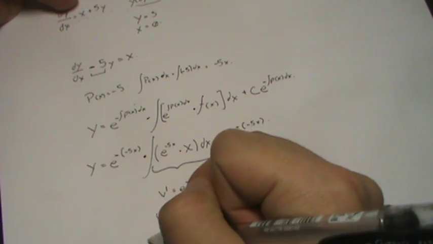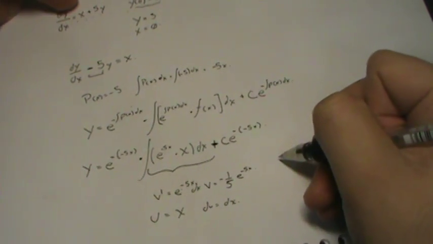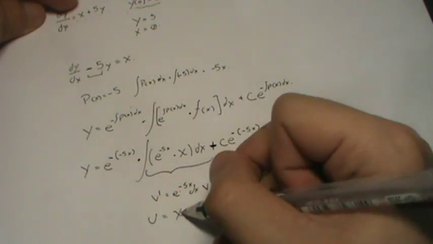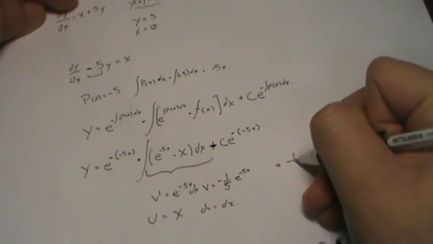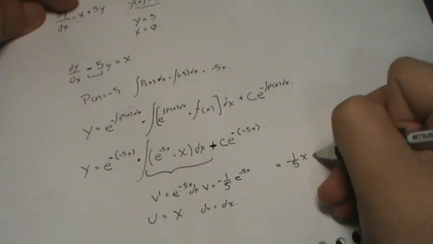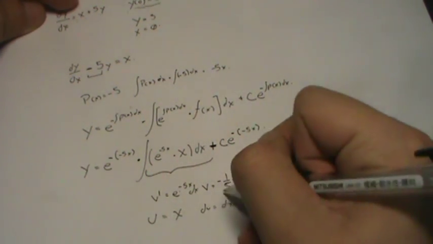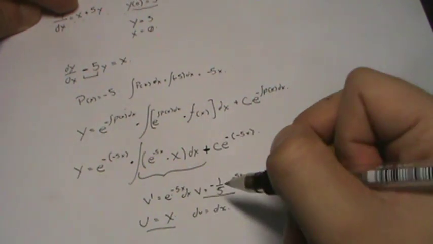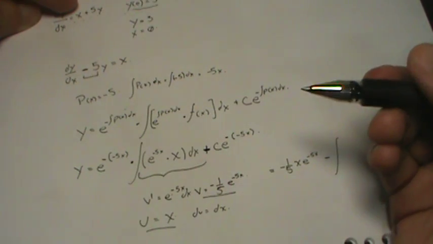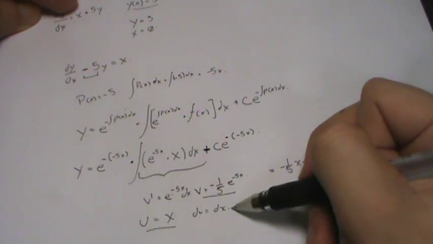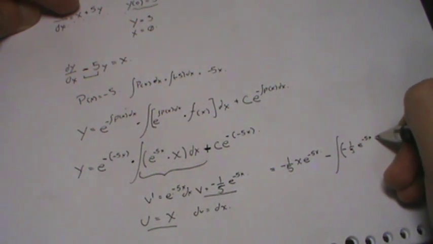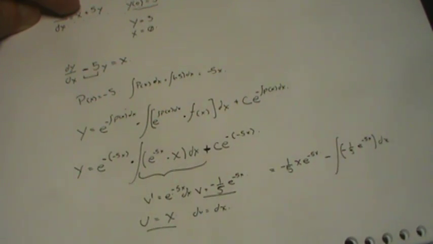Now let's solve. We're just solving the integral, we are not multiplying yet. So this is going to be equal to the multiplication uv, so it's minus 1/5 of x e to the minus 5x, minus the integral of this v times du, so of minus 1/5 of e to the minus 5x dx.